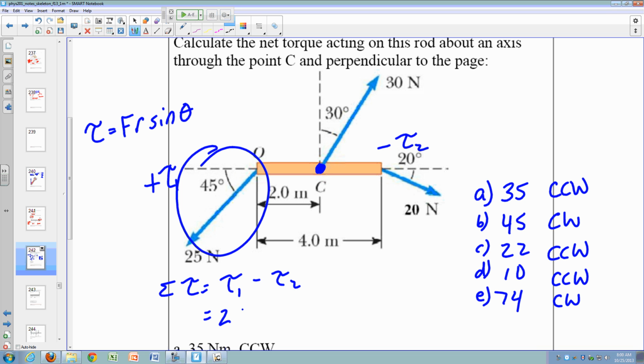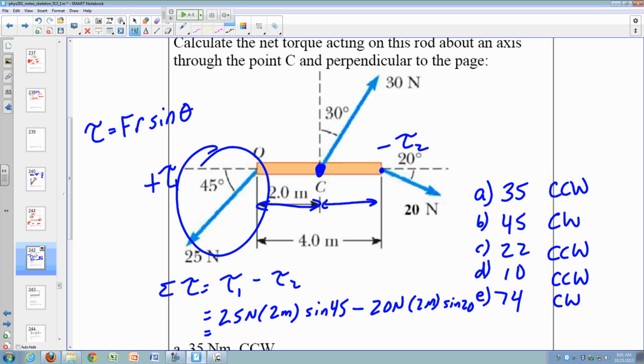Torque 1 is going to be 25 newtons times 2 meters. That's this distance right here, times the sine of 45, minus 20 newtons, 2 meters. That is this distance from where the force is applied to the axis of rotation, times the sine of 20.